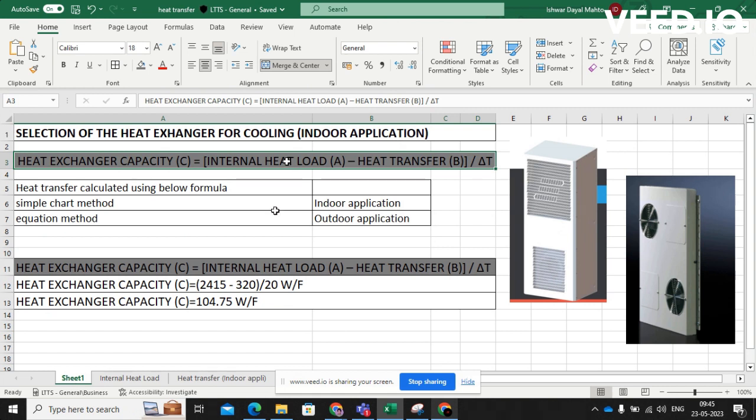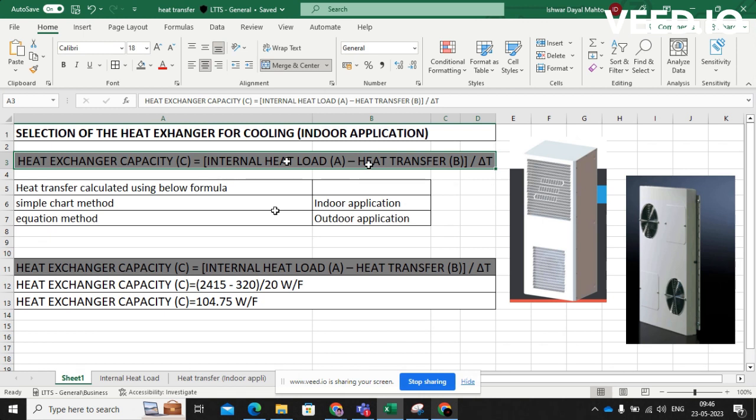Since we have already got the internal heat load, now we will try to get the heat transfer load. The heat transfer load is nothing but the heat transfer happening in our metallic enclosure with the outside surrounding.